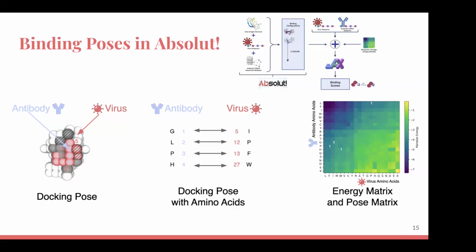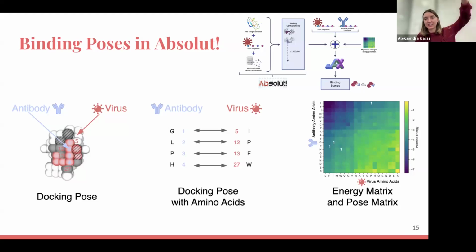We're approaching the end. Okay, so the way Absolut works is that it takes the structure of the viral antigen, the actual protein structure, and then it discretizes it. So it puts a blob at each amino acid. And that virus structure in this plot on the left is represented as these white and gray balls.